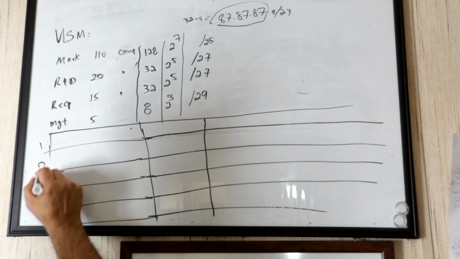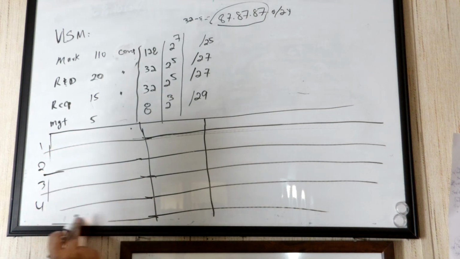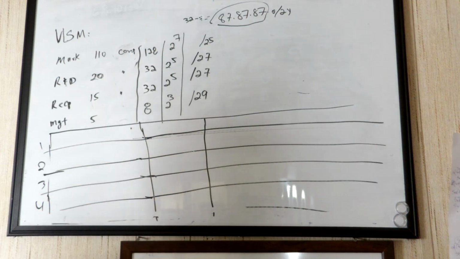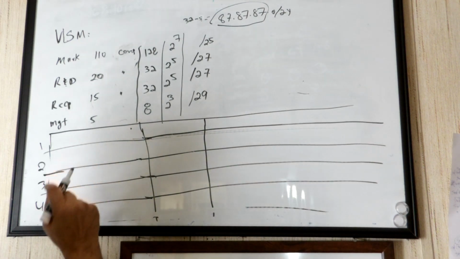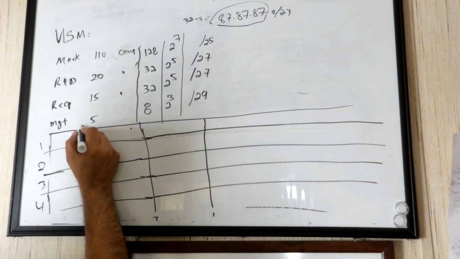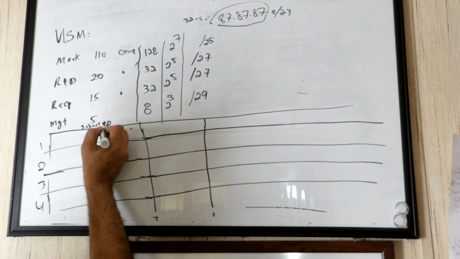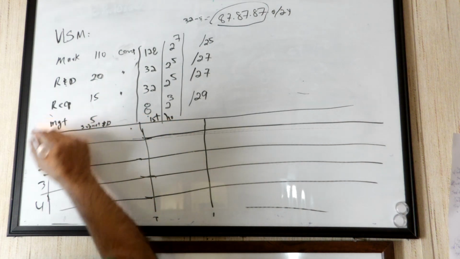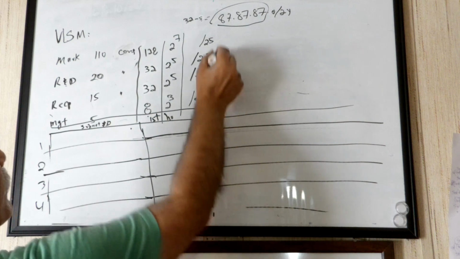One, 2, 3, 4. Okay, this is subnet ID, first host. Oh, this is the different.